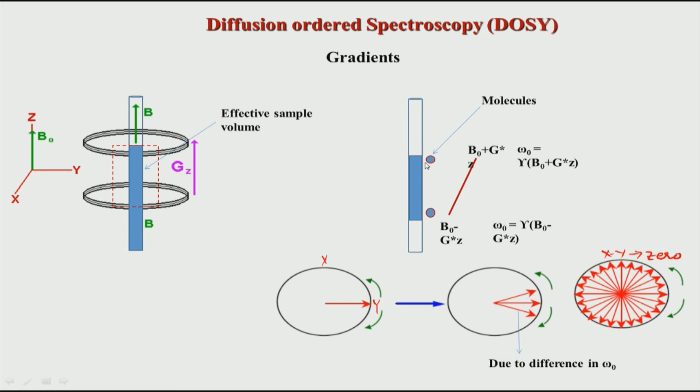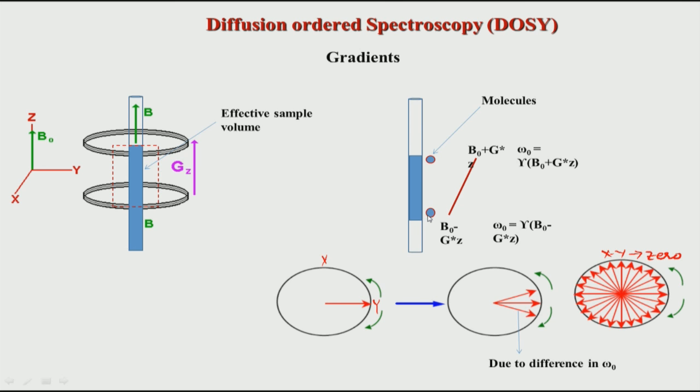Suppose we have a molecule at the top end of the sample, and another copy of the molecule sitting at the bottom of the sample. Now, when I apply this gradient, it experiences a different magnetic field. The molecule sitting at the top experiences B0 plus a certain field which depends on its z axis coordinate, meaning how far it is from the center.